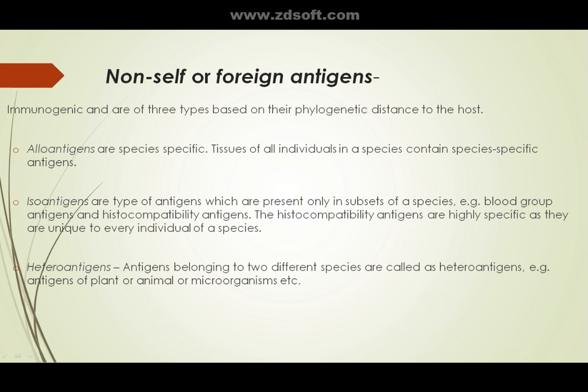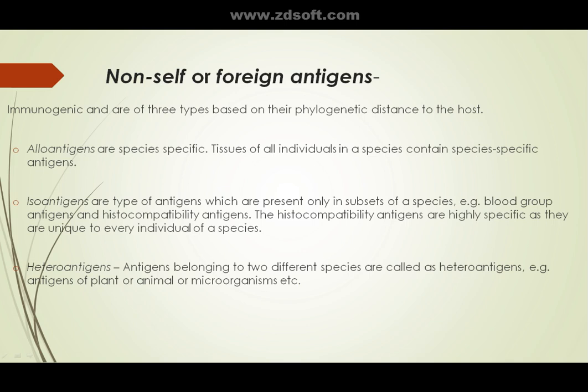Why plants? Because when people eat certain types of plants or food, they become allergic to it, and when you inhale pollen grains you are allergic to them. Then animals: some of you may have pets, but when you go near them, sometimes you have difficulty in breathing, maybe because the fur of those animals acts as an antigen and disturbs your immune system.